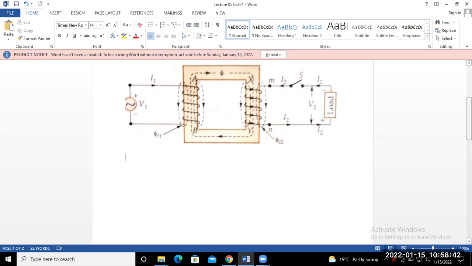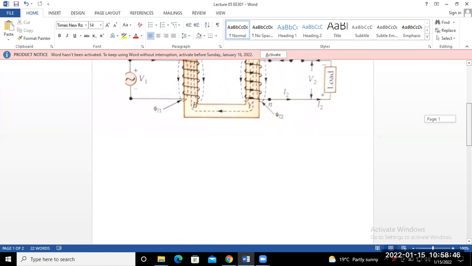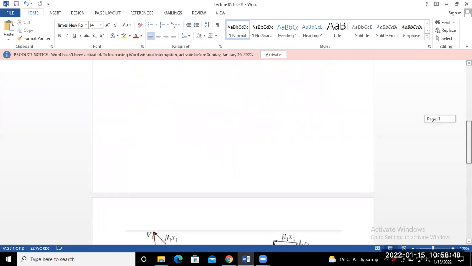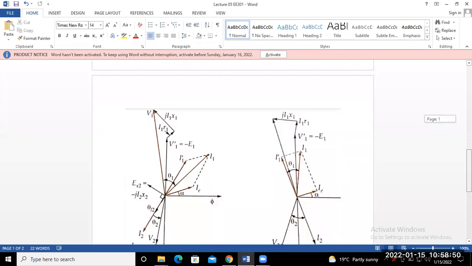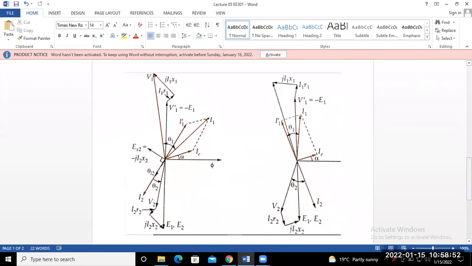So first we try to draw the EMF induced in the primary and secondary coil, that is drawn by the first one, this one. We just draw here the phasor diagram at the lagging power factor as well as the leading power factor. Okay, we already described which one is the lagging load and leading load.